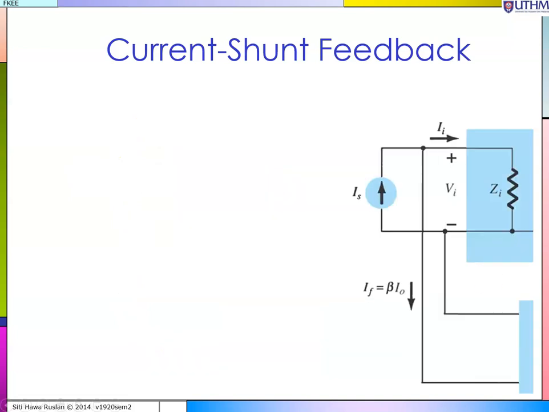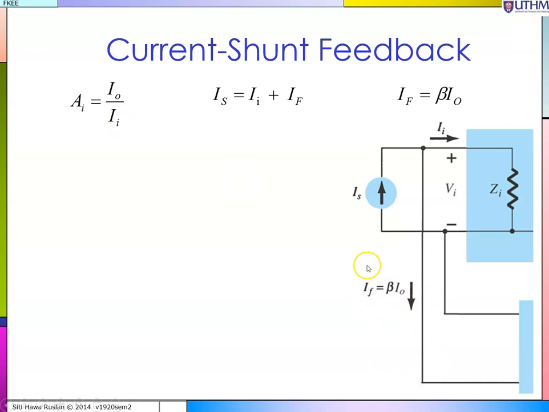Okay, so at the input section, one equation that we can write is Is equals II plus If. Is, one going in and another going to the feedback network. Summation of current at that particular node is Is equals II plus If. And since for a current amplifier, AI is IO over II, this is without feedback.